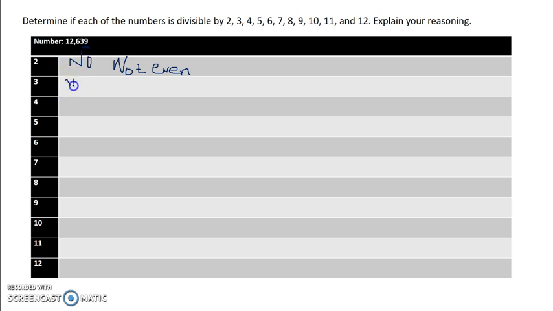So, yes, it is divisible by 3 because the sum of the digits is divisible by 3. I'm really terrible at writing with my mouse.